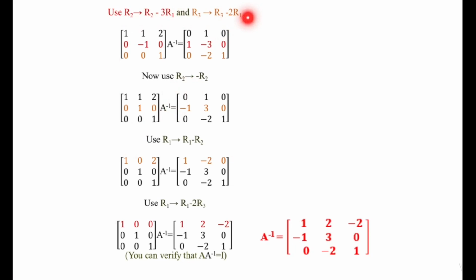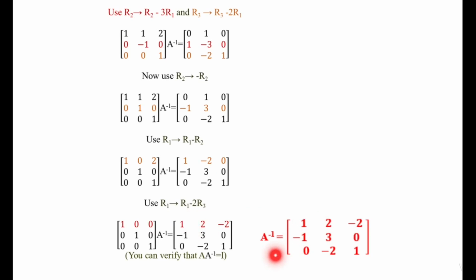Then after applying this elementary transformation, you have to apply R2 changes to minus R2. That means we have to multiply by -1 the elements of the second row. Then use R1 changes to R1 minus R2. Then you use R1 changes to R1 minus 2 times R3.